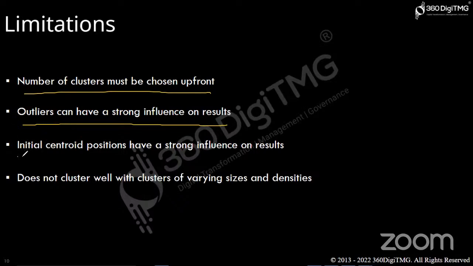We also have to initialize the centroid positions, which have a strong influence on the result. Initially we do it randomly, so by changing these centroids, there may be a change in the output. It also does not cluster well with clusters of varying sizes and density. That is one limitation we have with k-means.